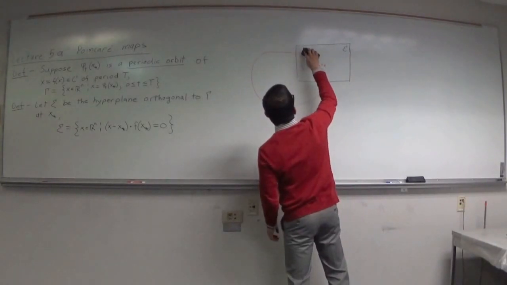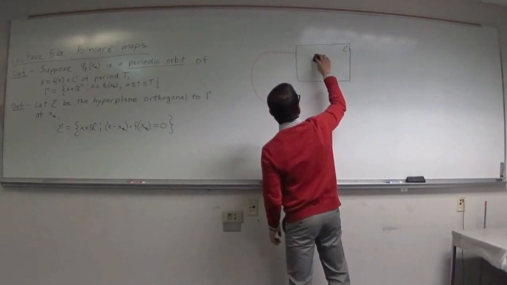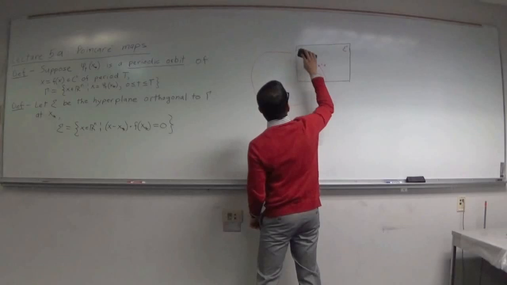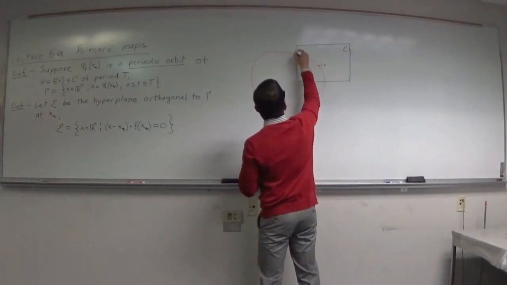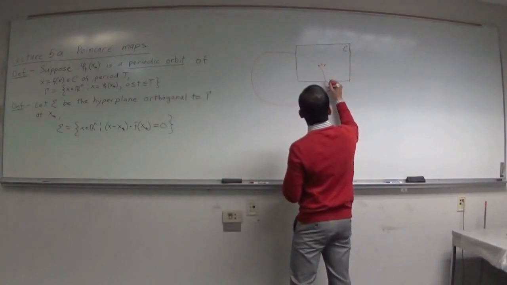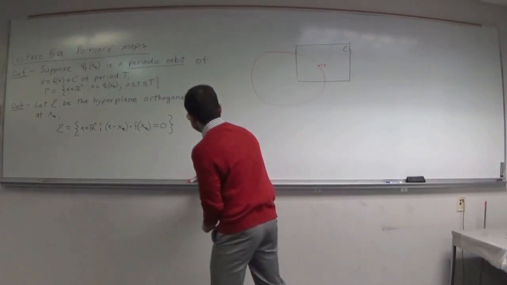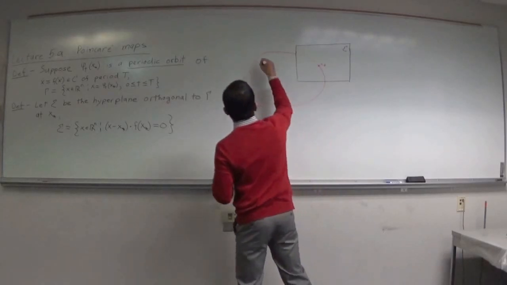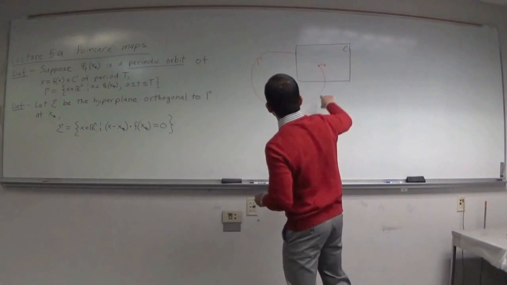Let me draw this better. It's going to look like this. Here is, and I should label what this is, the periodic orbit gamma.